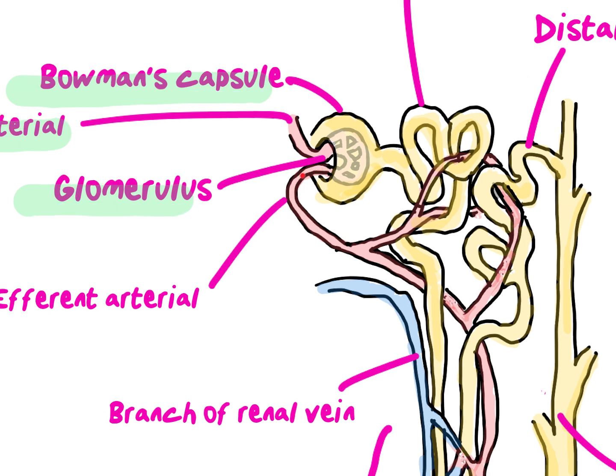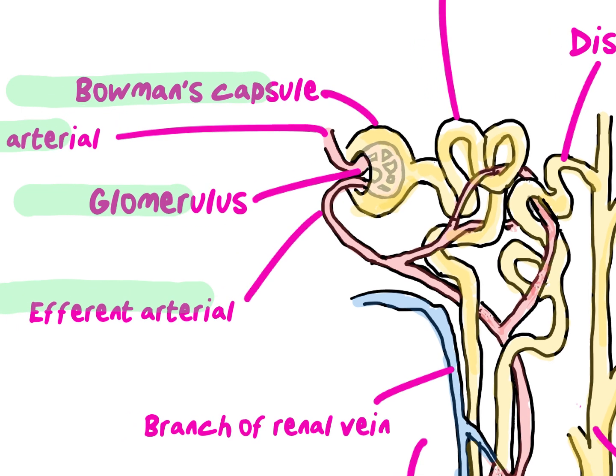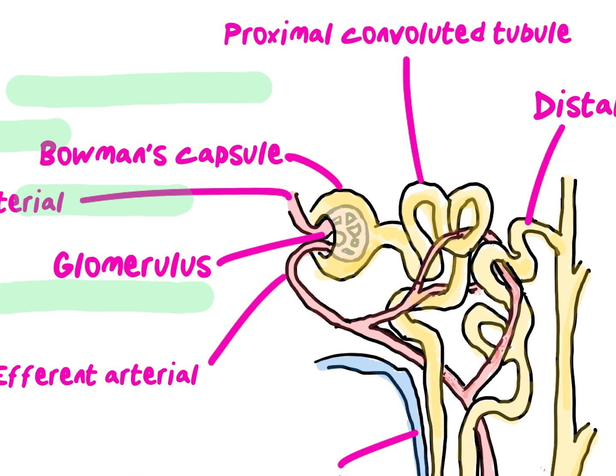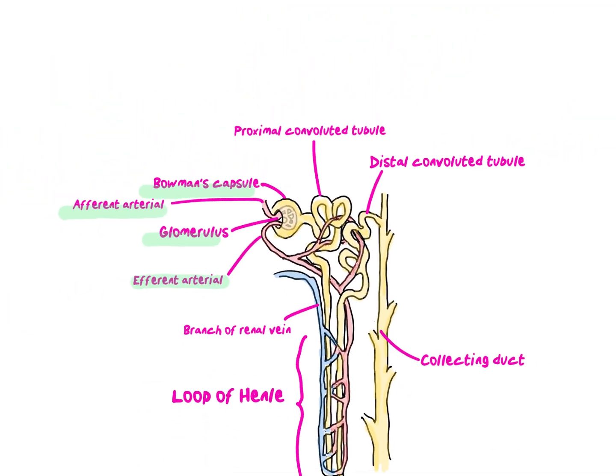So blood leaving the glomerulus will be through the efferent arteriole. We have a zoom out again. So the efferent arteriole will be taking blood away from the glomerulus.